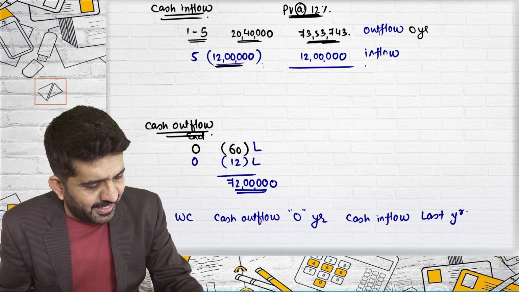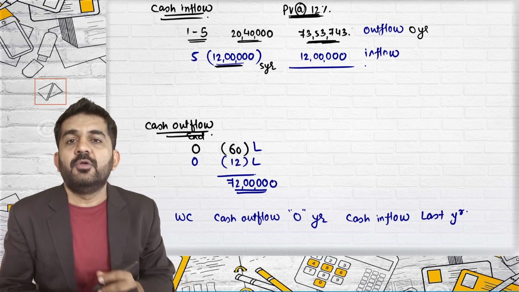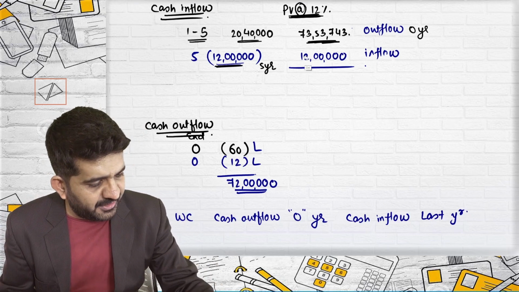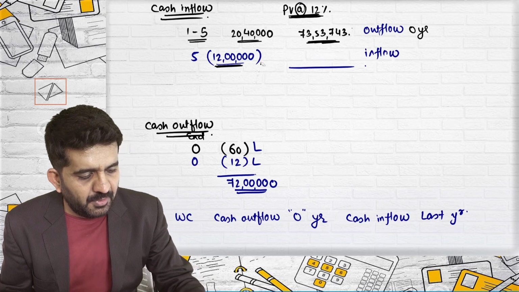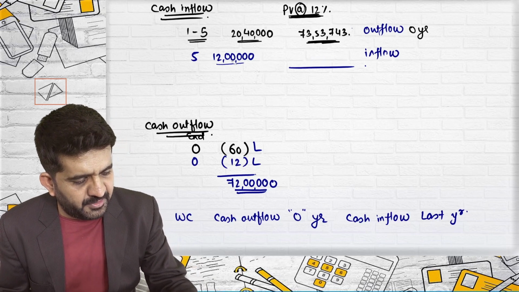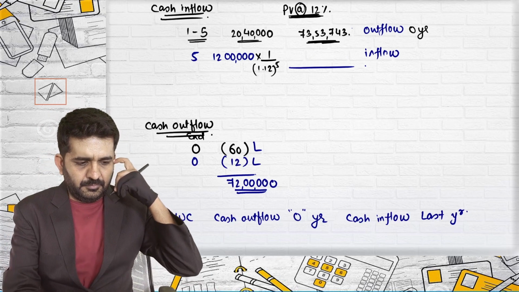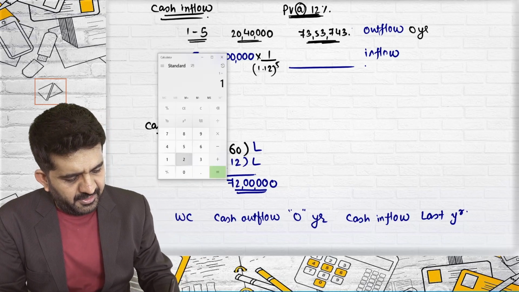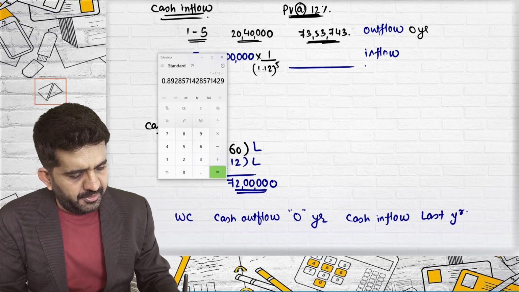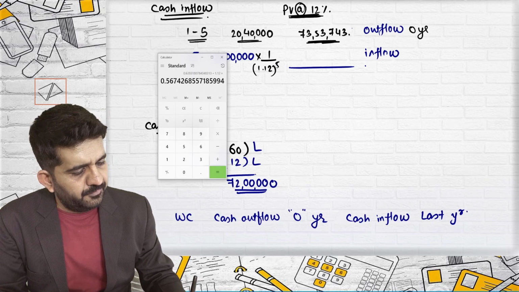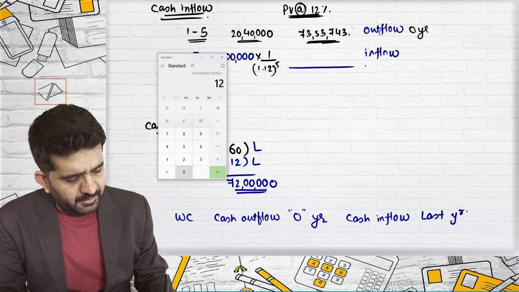This is at the end of 5th year. You cannot subtract it directly from here. You will have to find out present value of this. How to find out present value? 12 lakh into 1 divided by 1.12 raised to 5. It is 1 divided by 1.12, 1, 2, 3, 4, 5 multiplied by 12 lakhs.